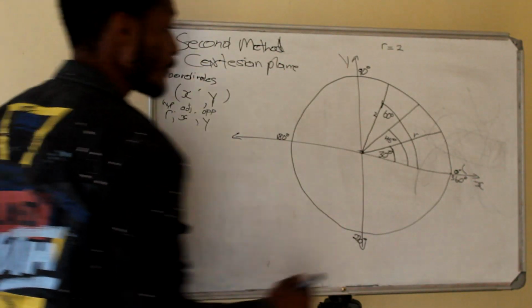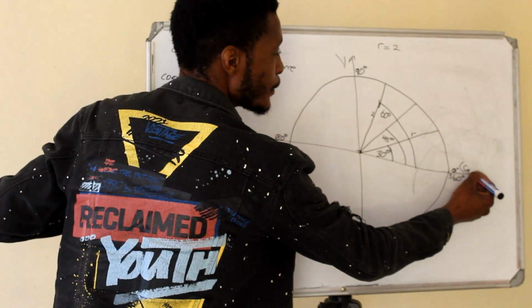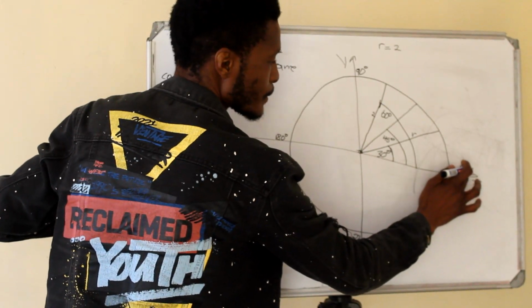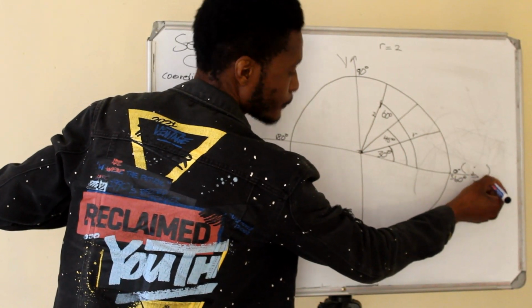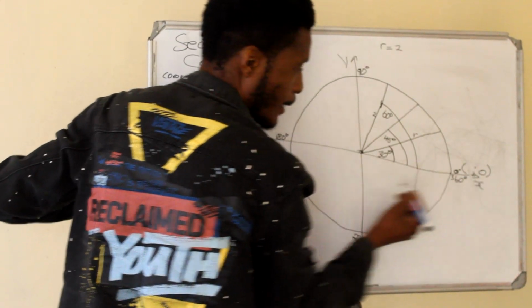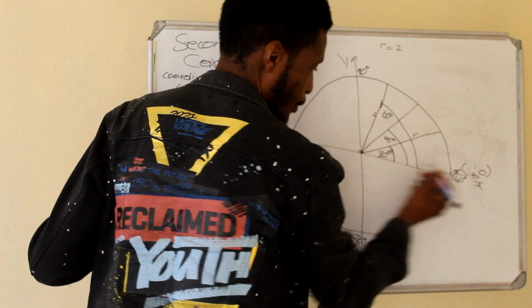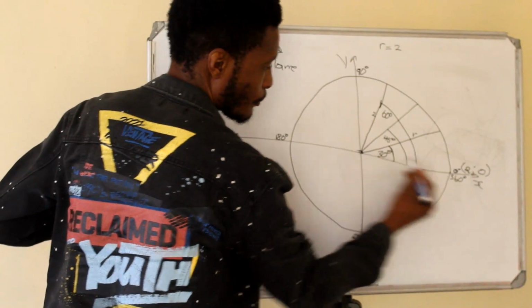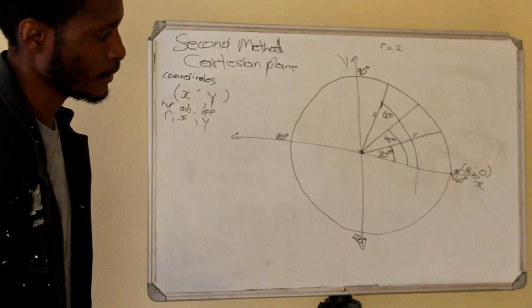Okay, now here we're having coordinates: y is 0 here, and my x here is going to be 2, because the distance from here to here is actually 2 units, you see.